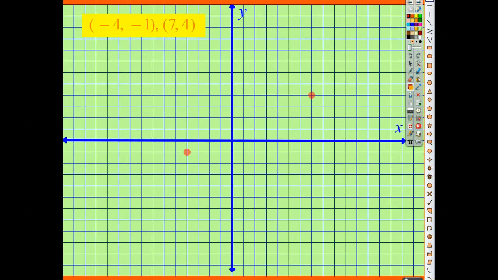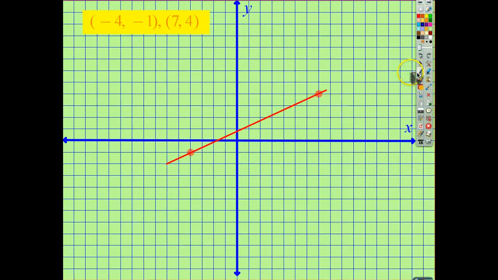We'll draw a line between these, and we'll make it in red. I want to know how far it is from one point to another. In order to do that, we'll make a right triangle. I'm going to look at the distance up and down, going from here up to here, and then we'll make a right triangle.